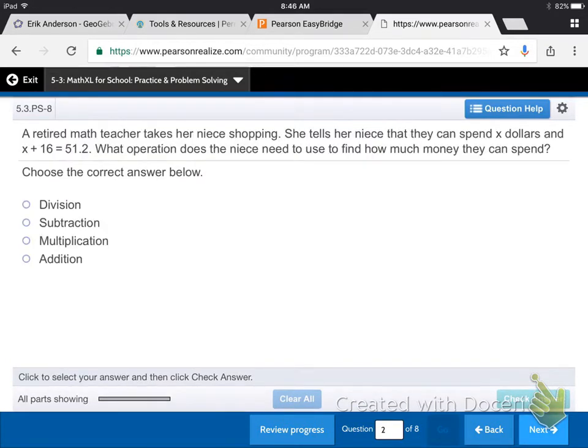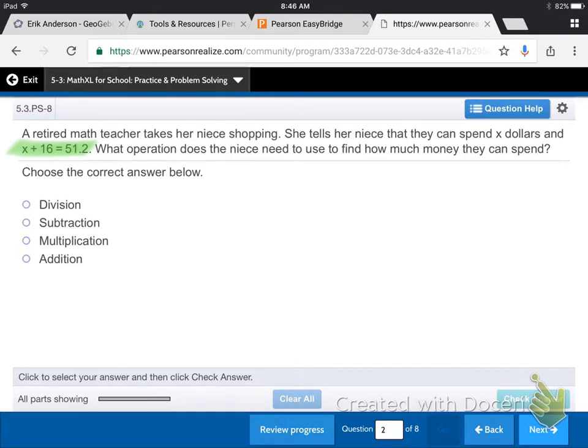Alrighty, next problem, here we go. It says a retired math teacher takes her niece shopping. She tells her niece that they can spend X dollars and X plus 16 equals 51.2. What operation does the niece need to use to find how much money they can spend?